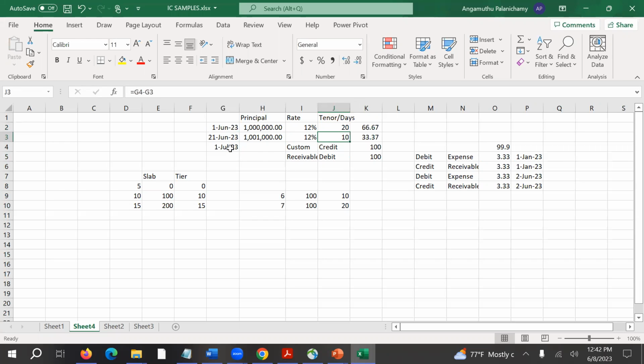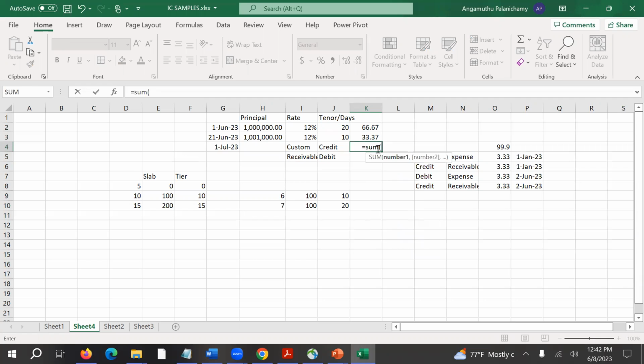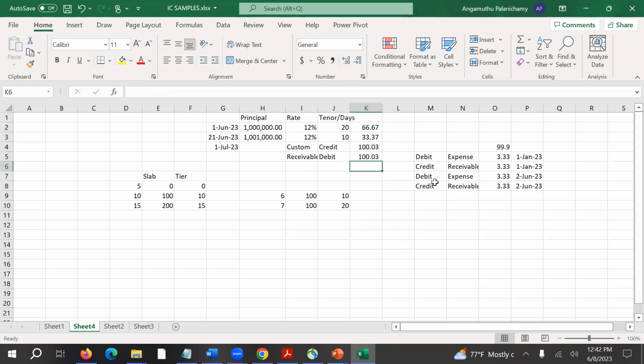So until 30th June end of day, I need to consider this balance. Assume that 30th June night, I'm doing the calculation. Until that day night, I will take it. So this is how my balance breakup will look like.